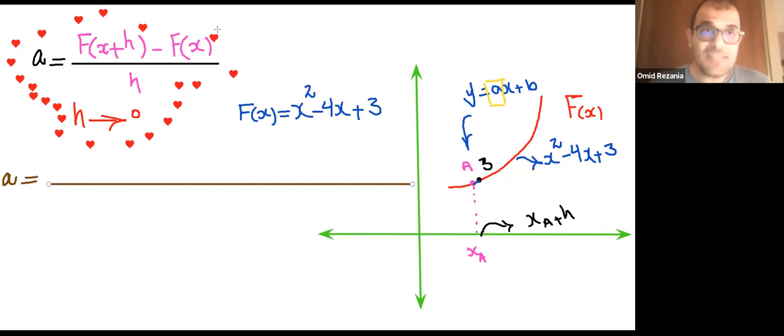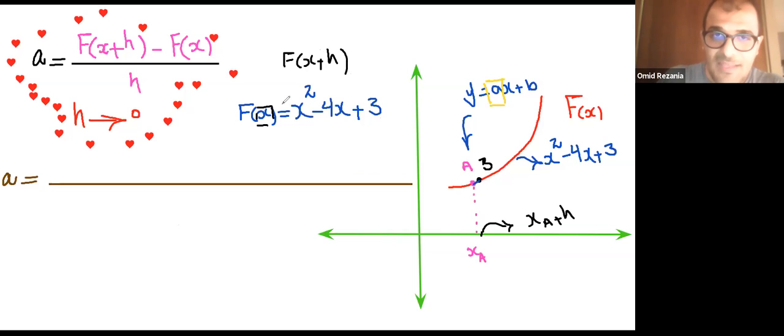Okay, I'm just going to go ahead and, instead of writing a mysterious function, I'm just going to put the actual value into my function. Guys, if my f of x is this polynomial, if I want to write f of x plus h, what should I do?